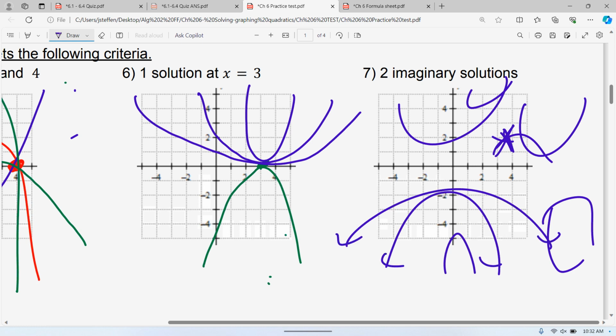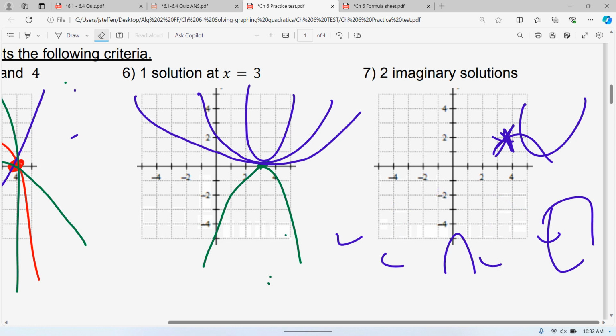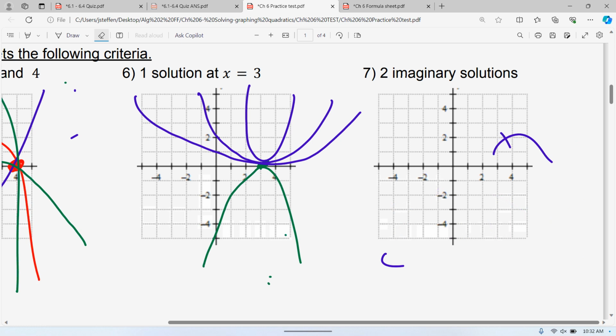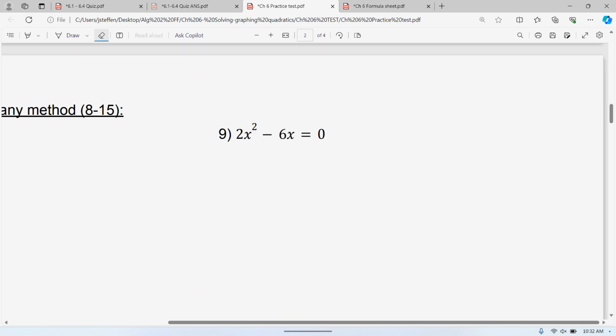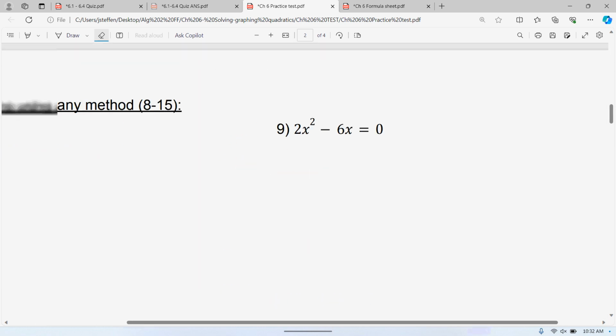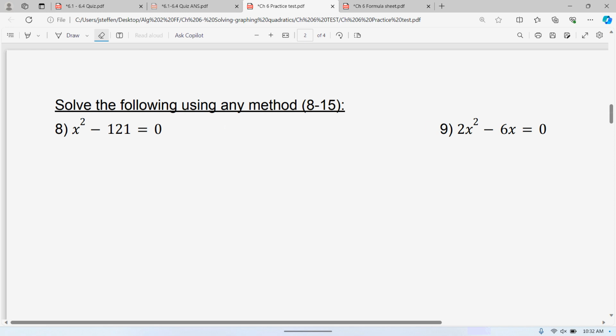And if you would draw one, this is more depth than I should go into. When I was just joking around, I drew this one. Technically, it doesn't look like it crosses, but yes, it does because you keep going. So it would cross there and there. I don't think you guys struggle with that, but just in case. Since I was being goofy, I figure I might as well tell you that or specify.